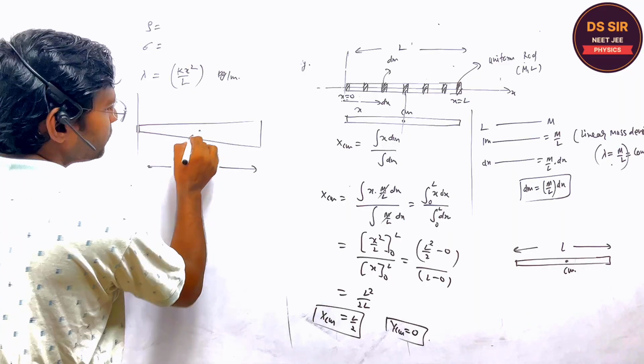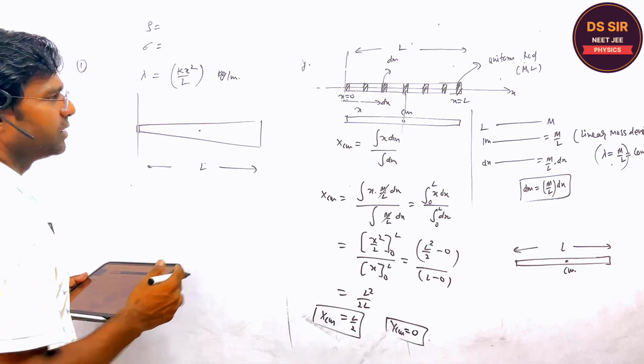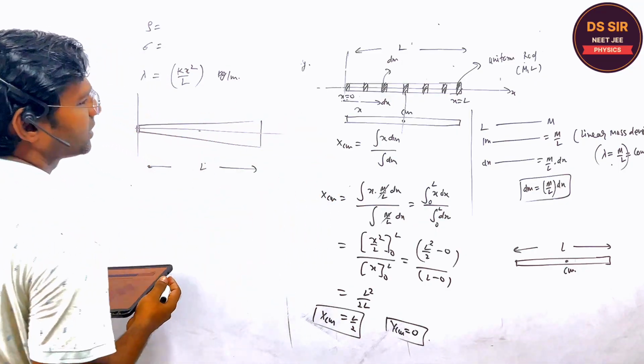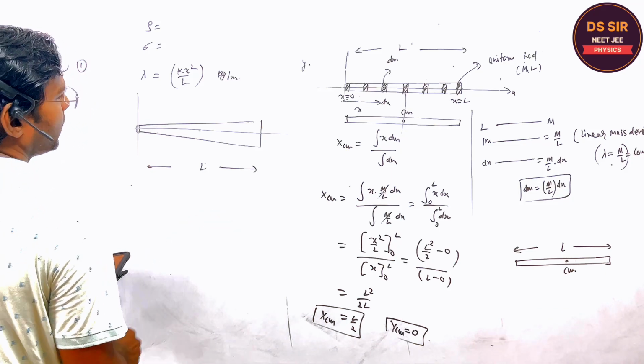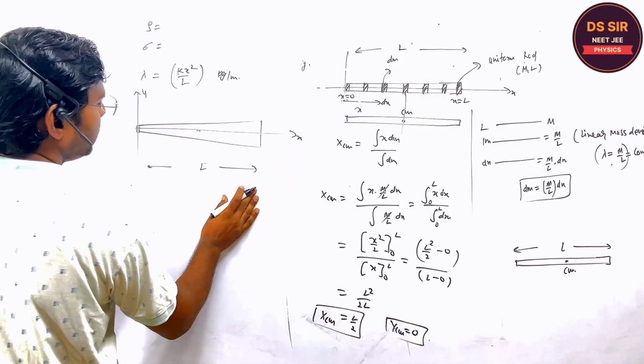So will the center of mass be in the middle or somewhere else? Where will the center of mass be? On the heavier side. So that thing we have to find. The y center of mass will be 0, only the x center of mass will be there.